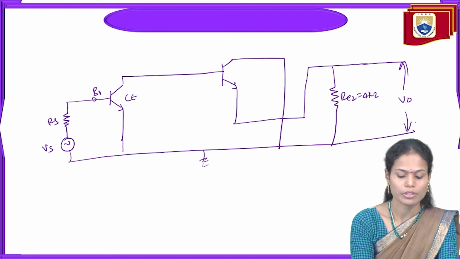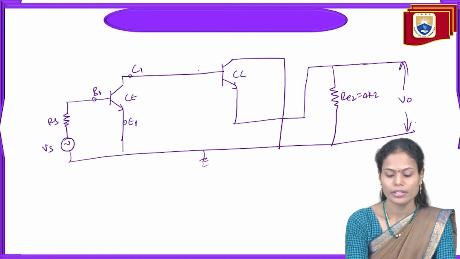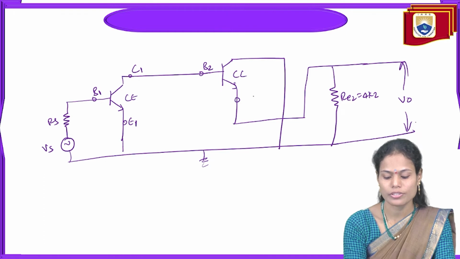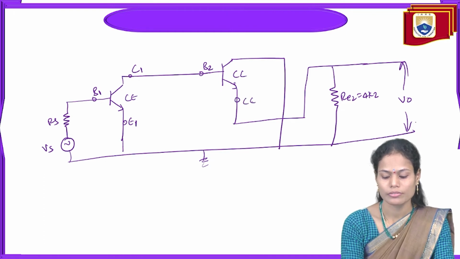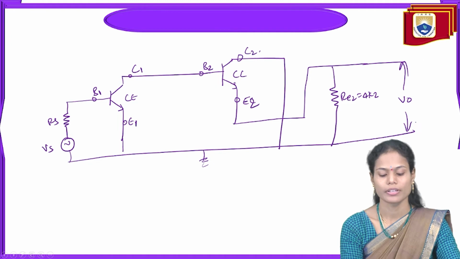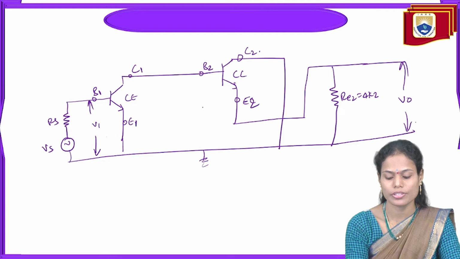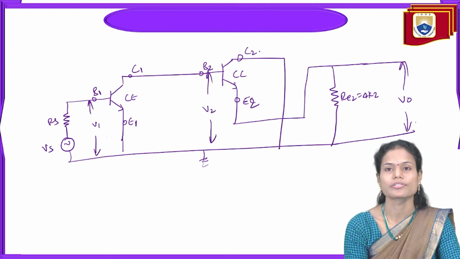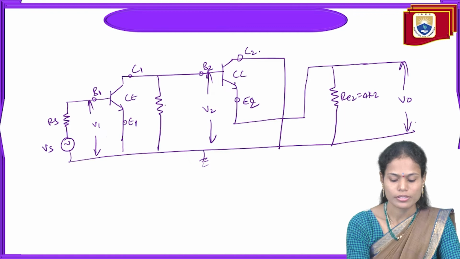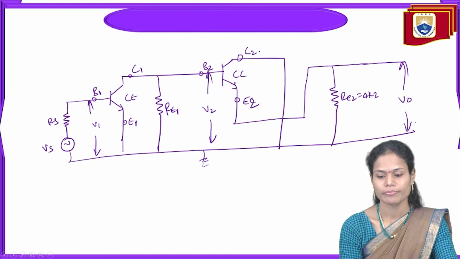This is the base terminal of the first stage, this is the collector terminal of the first stage and the emitter terminal of the first stage. And in this case, this is the base terminal of the second stage, this is the collector terminal C2, and E2. Here we'll apply the input voltage for the first stage, here the input voltage for the second stage, and this RE1 is the resistance for the first stage.